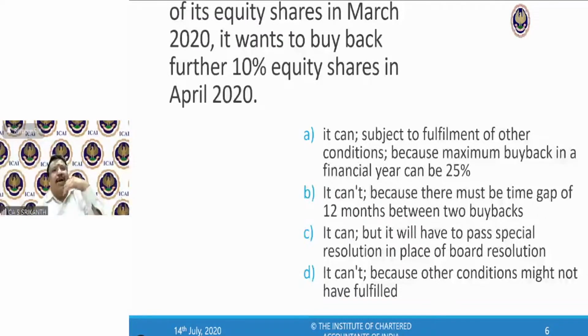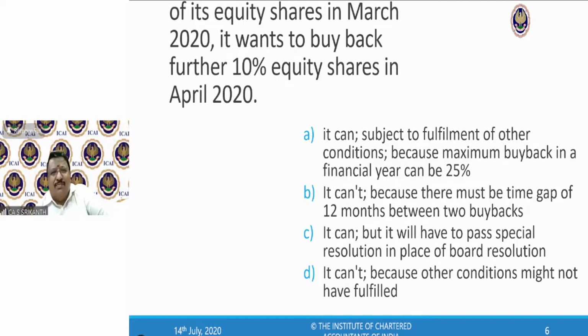It has bought back its equity shares in March 2020. It wants to buy back a further 10% equity shares in April 2020. Can it do that? Sir, can you repeat the question?